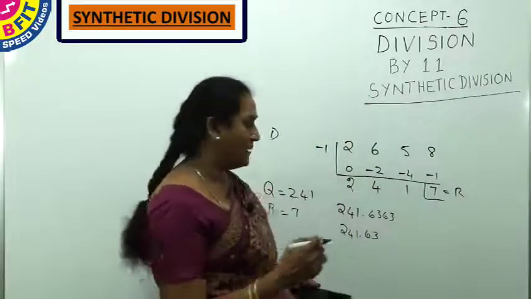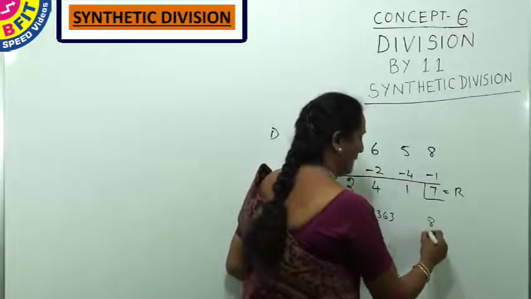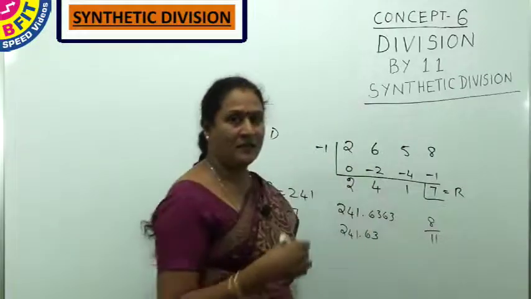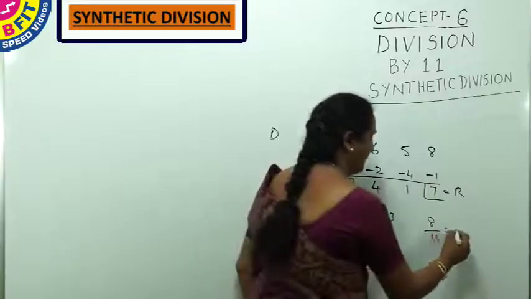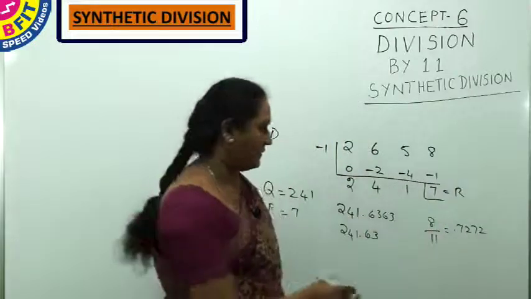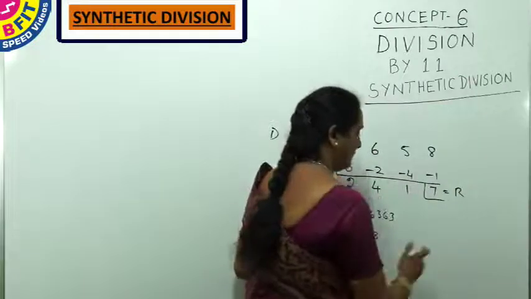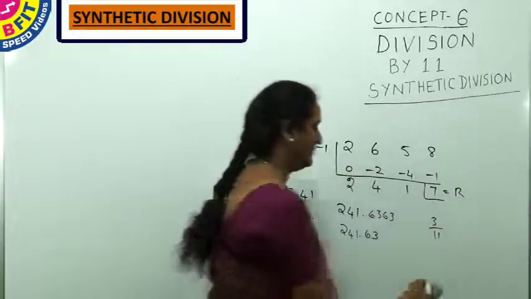Whenever a number is divided by 11, suppose you have 8 by 11, what will be the answer? Multiply 8 with 9. It is 0.7272 recurring. If we have 3 by 11, what will be the answer?